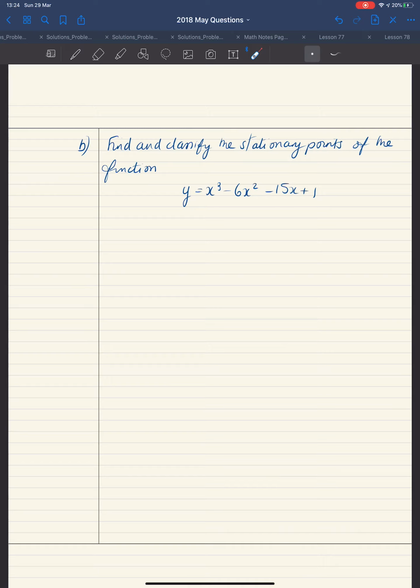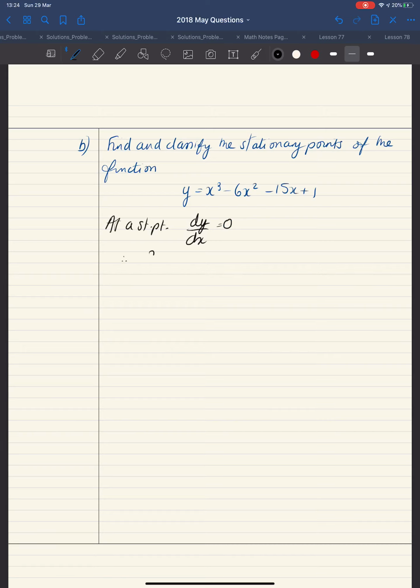Right, B, find and classify the stationary points of the function y equals x cubed minus 6x squared minus 15x plus 1. I'm just going to shut the door. So the first thing to notice here is that at a stationary point, dy by dx equals 0.